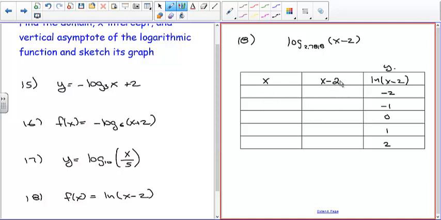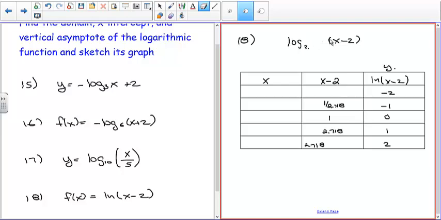If you take the natural log of 1, you get 0. The log of any base of 1 is 0. Then you want x minus 2 here to be equal to 1 over 2.718. Here you want it equal to 2.718. Here you want it equal to 2.718 squared. I said 2.7818, so let me see what e is.